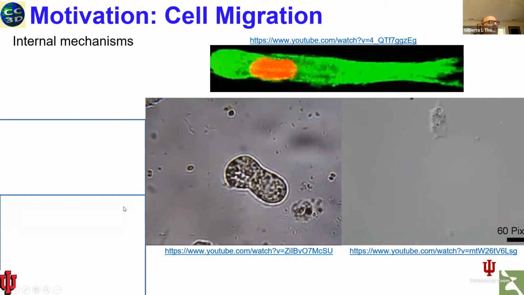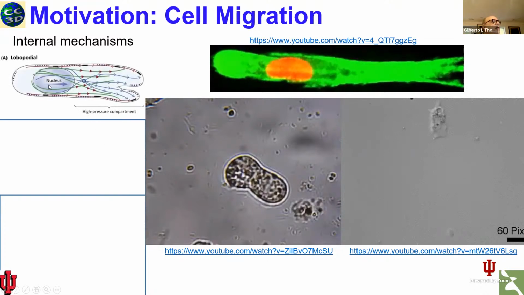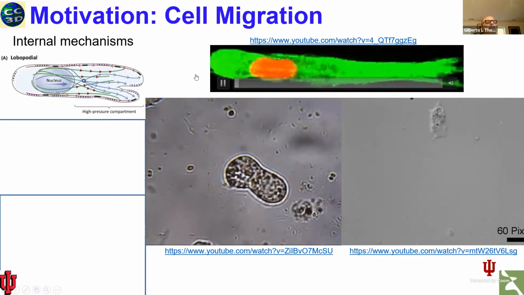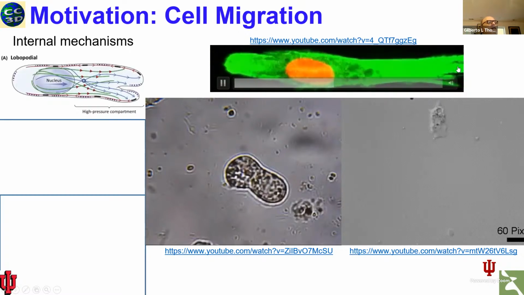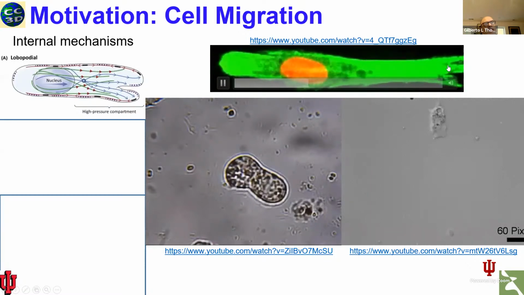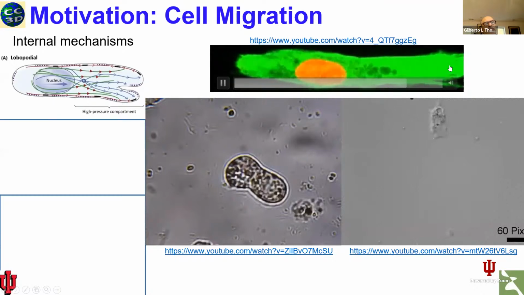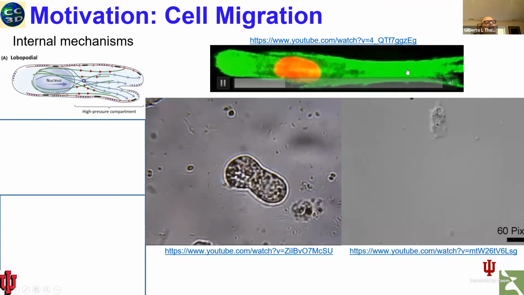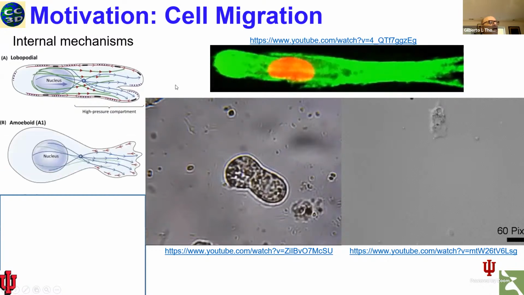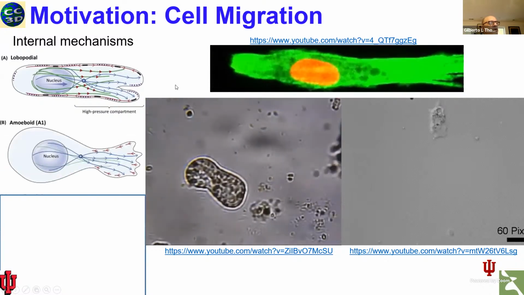Those internal mechanisms are built inside of the cell. For example, we have lobopodial movement, where the cell makes protrusions in front, in the direction of the motion, and the whole body moves in that direction. Another kind of motion is the amoeboid motion.